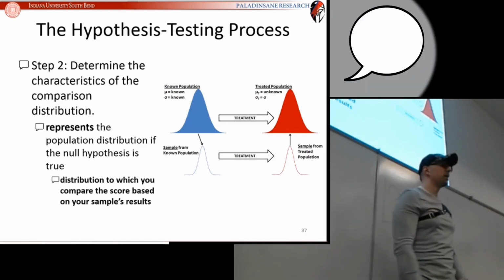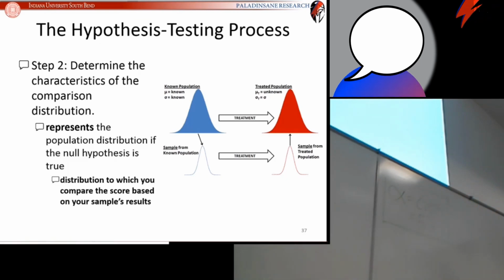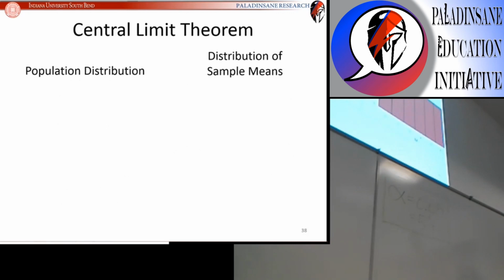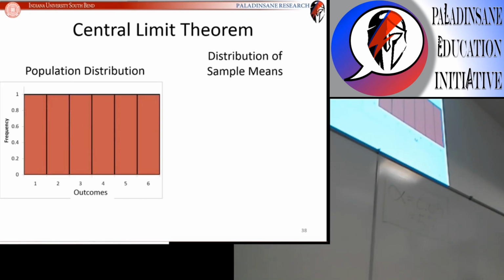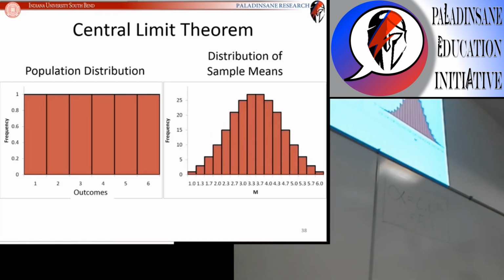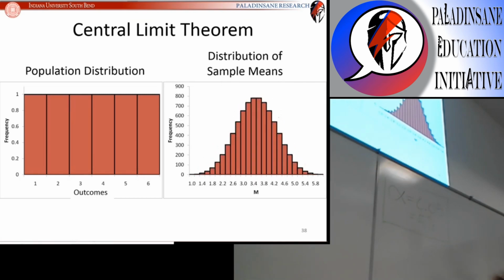And that's your comparison distribution, that distribution of sample means. So you can see how important it is that this distribution of sample means, all of the possible sample means that can be taken from a population, as you increase your sample size, turns into a normal distribution. Because if it didn't, we couldn't do statistics.